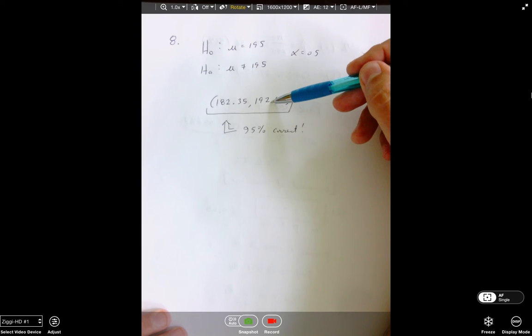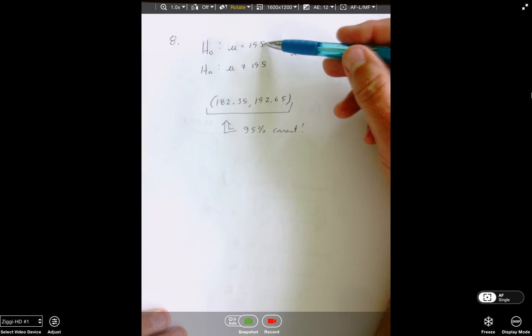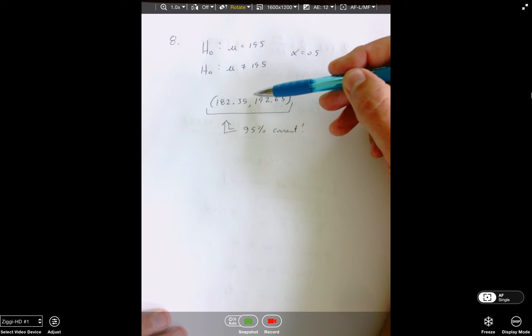So 0.95 is pretty good, right? There's apparently some claim that the mean of this population is 195. We have to think, is 195 in our interval, and it's not.